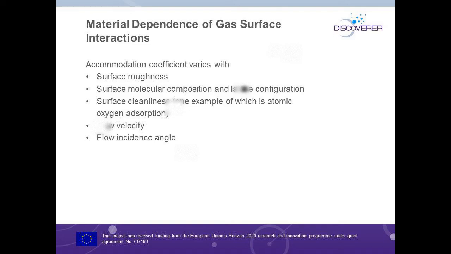So we're working with the group at the University of Manchester that pioneered work in graphene and things of that nature, but also other 2D materials, to see what properties they have in terms of reflecting atomic oxygen. We also know there are links to the molecular composition and the lattice configurations. Surface cleanliness is another example, but also flow velocity and incidence angles. So we know we need to look at what the flow looks like at different incidence angles of those materials to the flow.